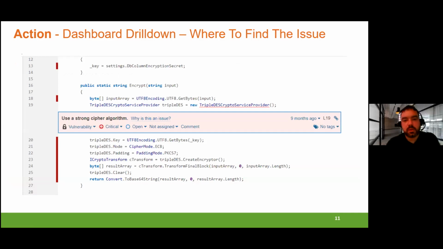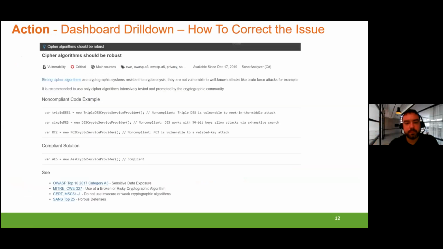A lot of these programs will allow you to actually drill down right into the actual bit of code. And in here, we can see that it actually pulled up the exact file and line and underlined what the issue was. So they're saying that we need a stronger encryption method here for this algorithm. Digging in a little more, in this tool that we used, it allowed us to actually pinpoint this exact one.